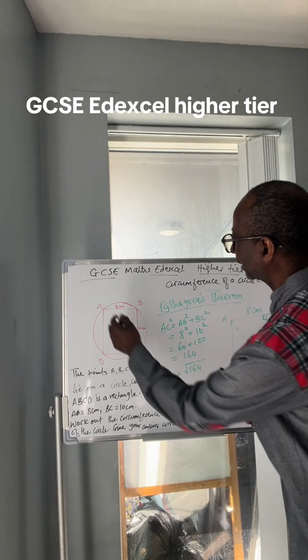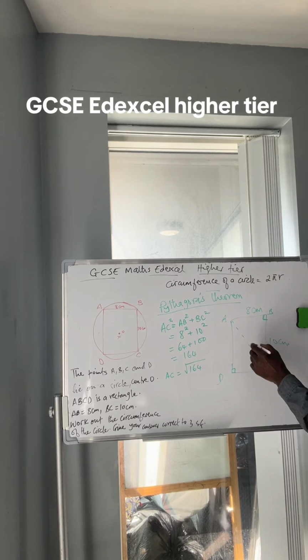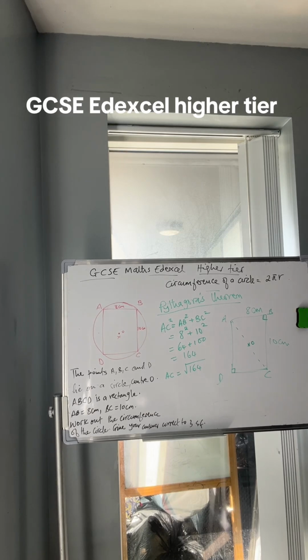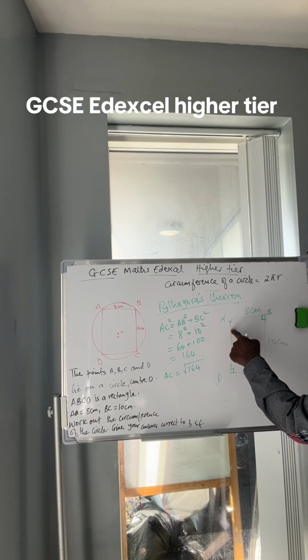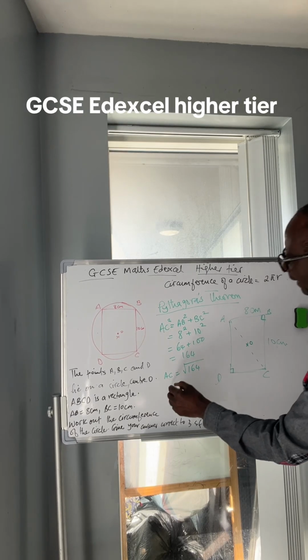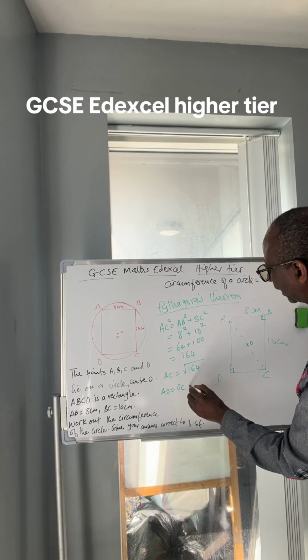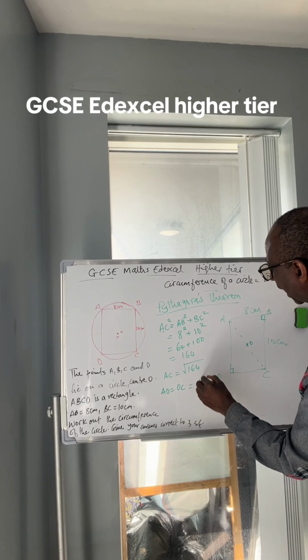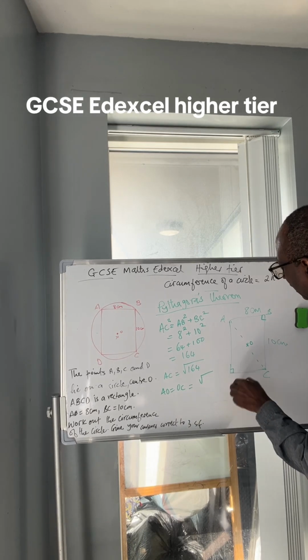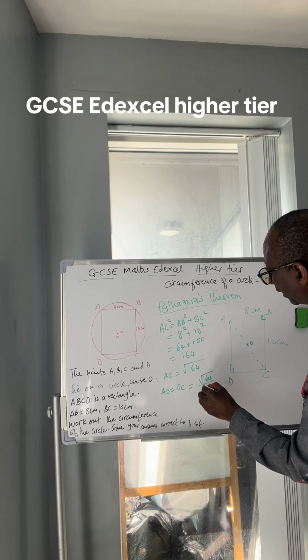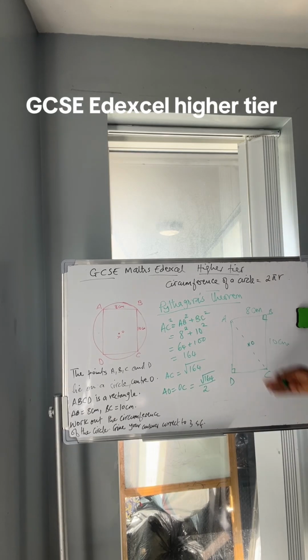And then what about AO? There is O here, the center of the circle. So AO or OC, AO is equal to OC, and this is equal to half of this square root number, the square root of 164 divided by 2, because it's half of the way.